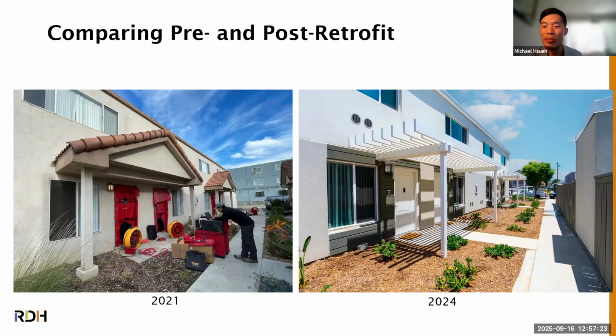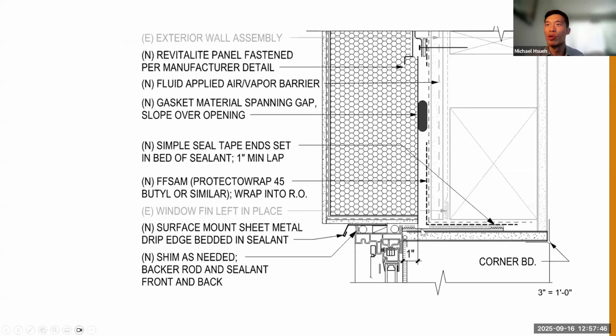It was whatever they got from Home Depot, and so that's where, unfortunately, we can only have so much control over what's happening within the window. But what we did have control over was the interface detailing of the window to the wall, and we definitely made sure that we did the detailing as well as possible to account for that. I have some of the window details we can pull up if we want, but we did account for trying to make sure that we had continuity of the primary air barrier at these windows. Thank you. Yep.